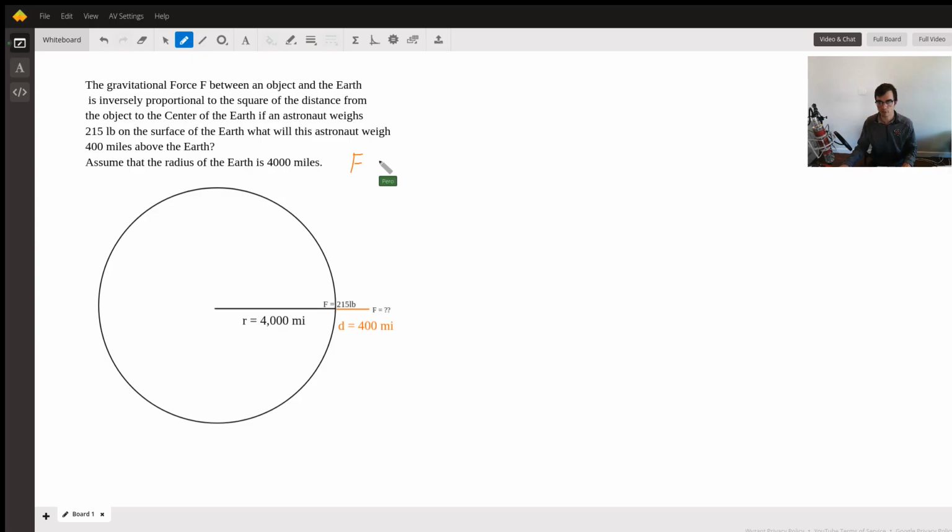Now that's a bit of a mouthful, but it's useful to know this symbol, which is the proportionality symbol, and the inverse of anything is 1 over that thing. And we know it's inverse to the square of the distance from the object to the center of the Earth. So let's call that the radius of that object relative to the center of the Earth, so r squared, because it is the square. So we find this proportionality equation here.